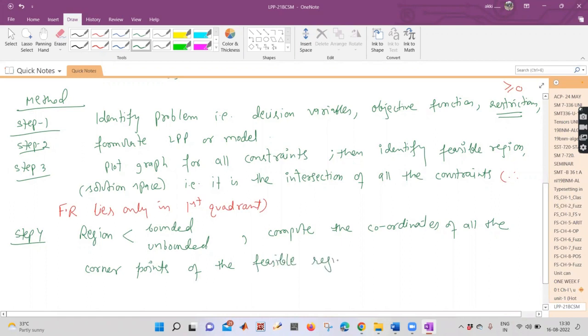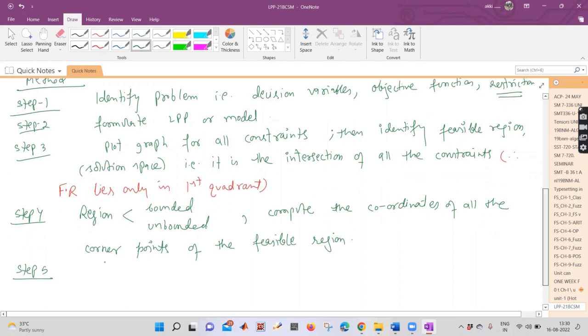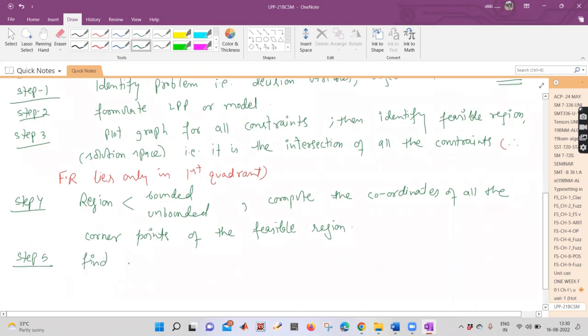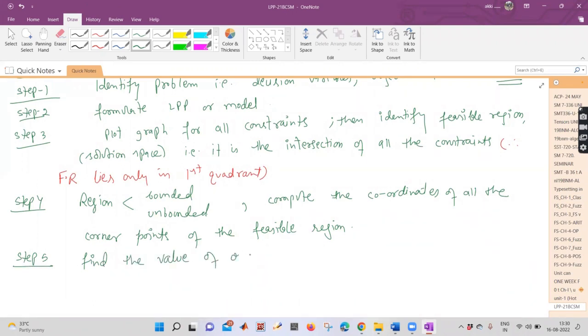Then, step 5: find the value of the objective function at each corner point from step 4.